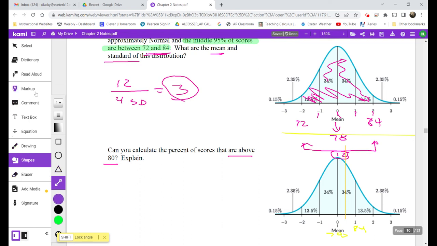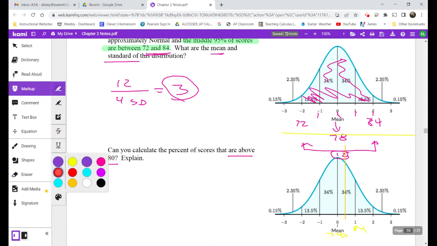If you notice, we want above 80 over here, but 80 is in between 0 and 1. It's not a full standard deviation. So, can you figure it out?